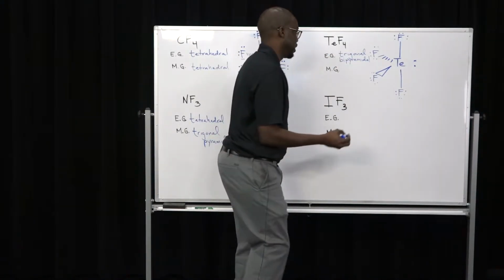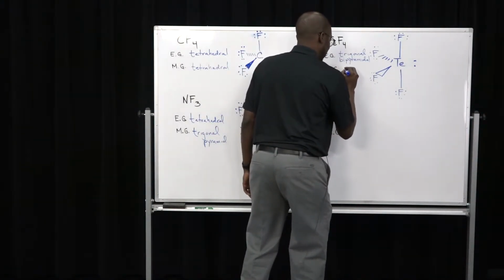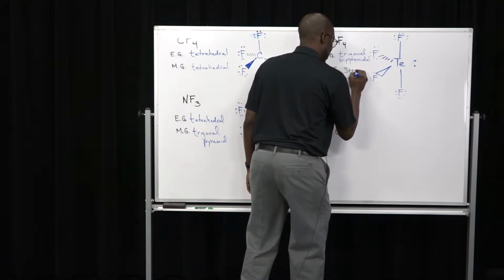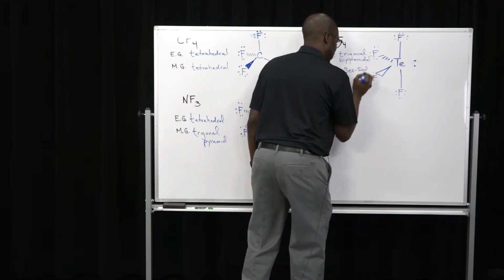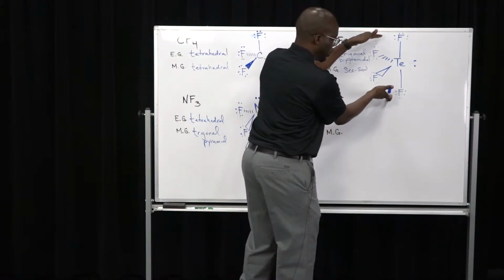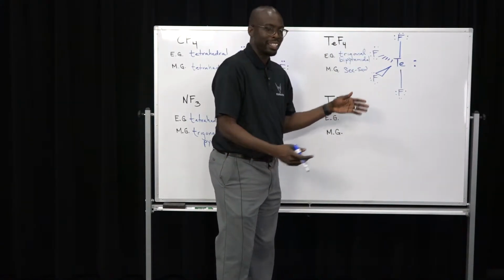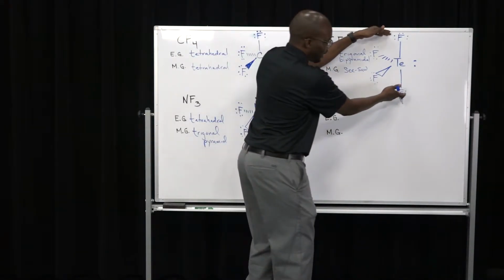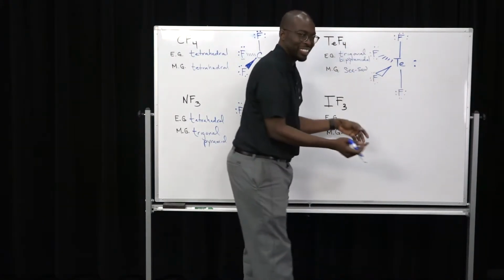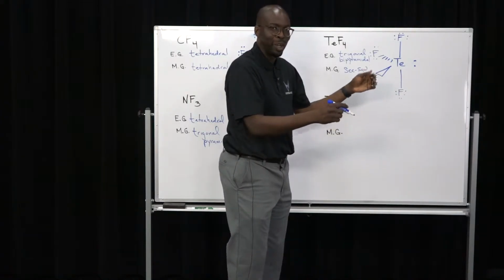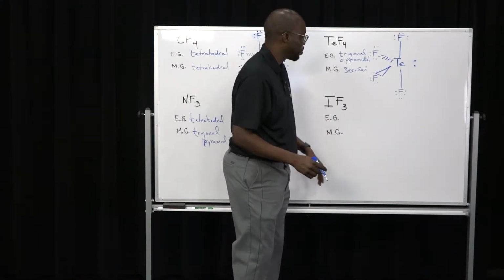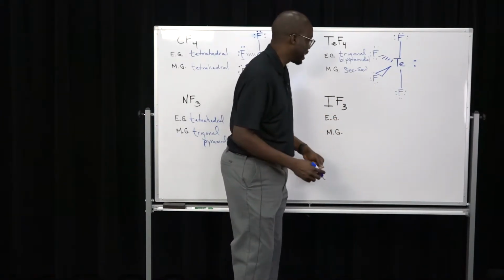It's actually a structure that we call a seesaw. If you rotate this molecule on its side, you can see where you have the fluorines acting as if they're people on a seesaw, and it'll rock back and forth. But I mentioned that to you in class.